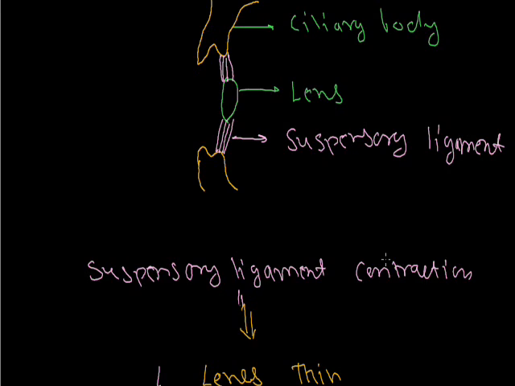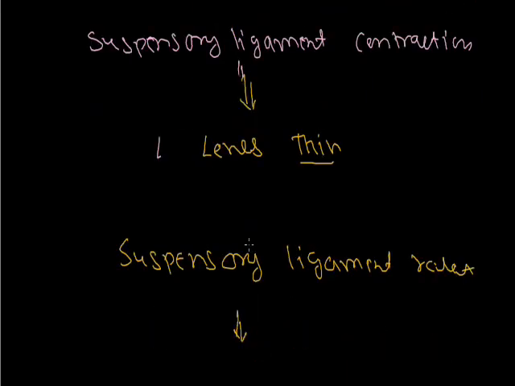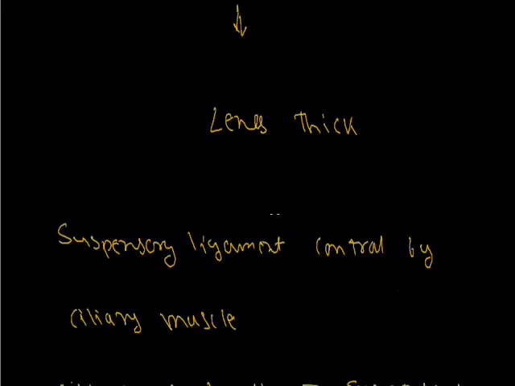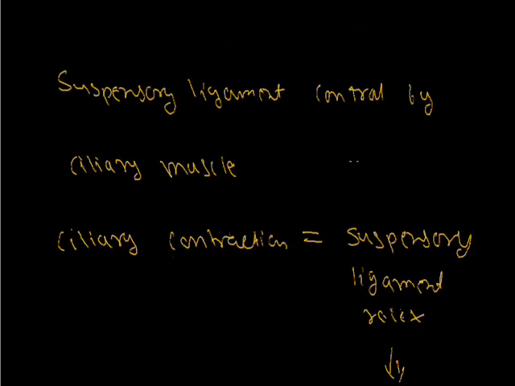First we discuss the suspensory ligament, which controls the lens. When the suspensory ligament contracts, the lens becomes thin, and just opposite, when the suspensory ligament is in relaxed mode, the lens becomes thick, meaning the diameter of the lens is increased.